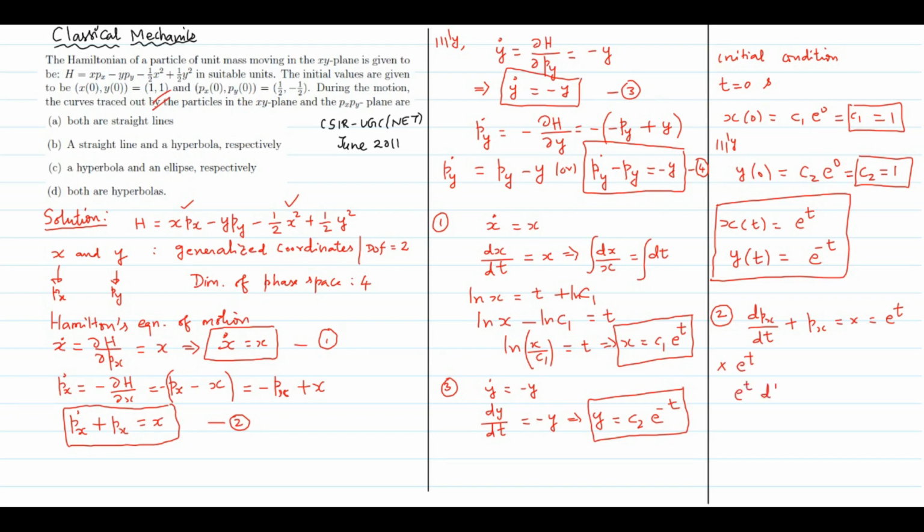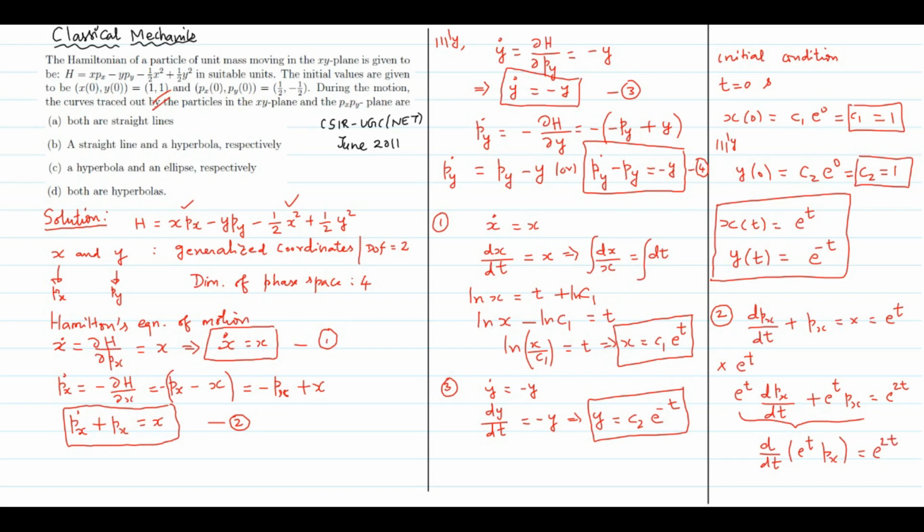So e power t d p x by dt plus e power t p x is equal to e power 2t. So the left hand side can be written as d by dt of e power t p x, which is equal to e power 2t.